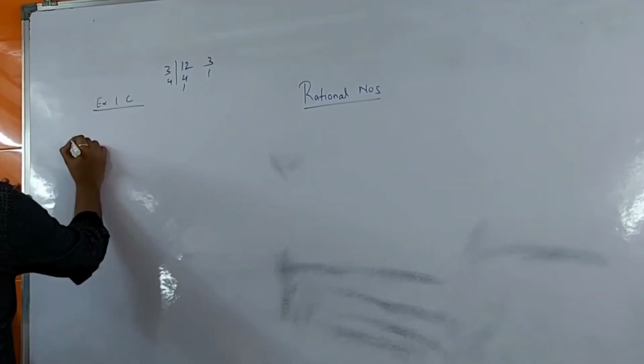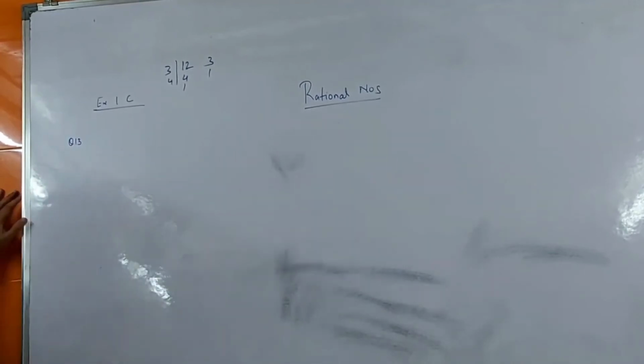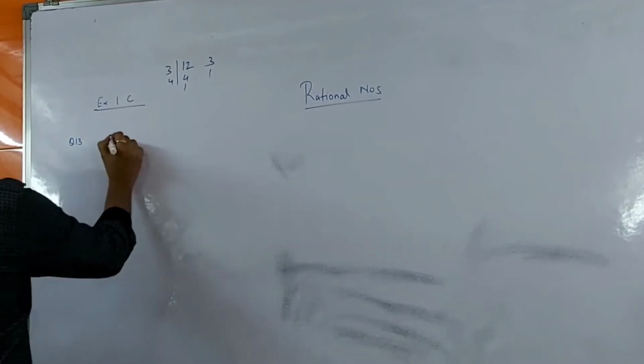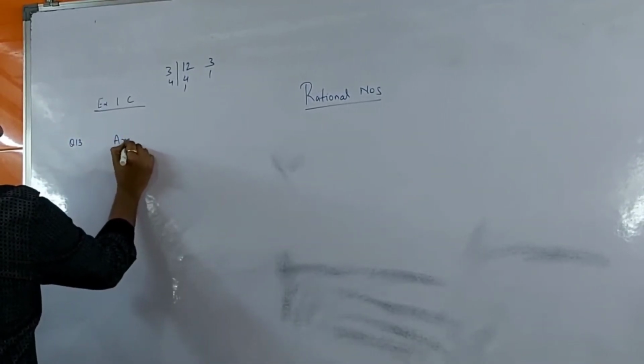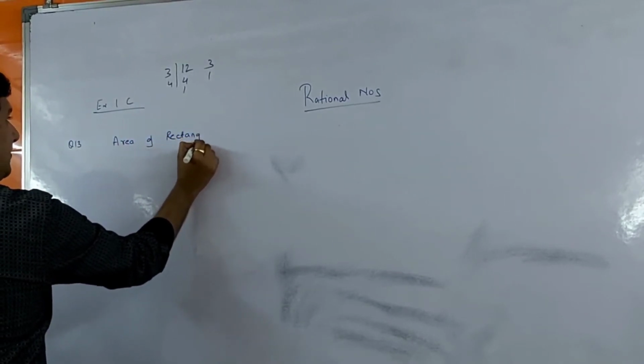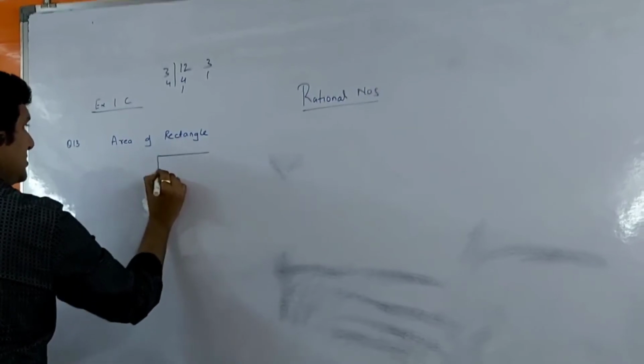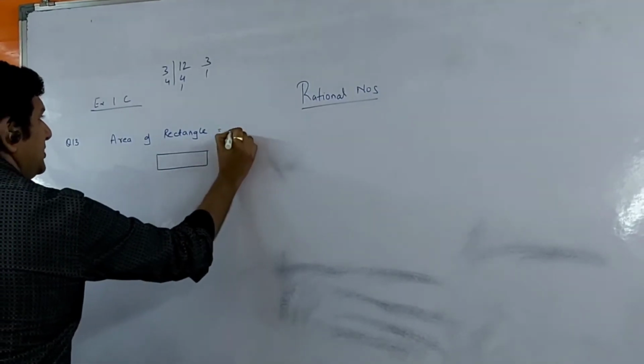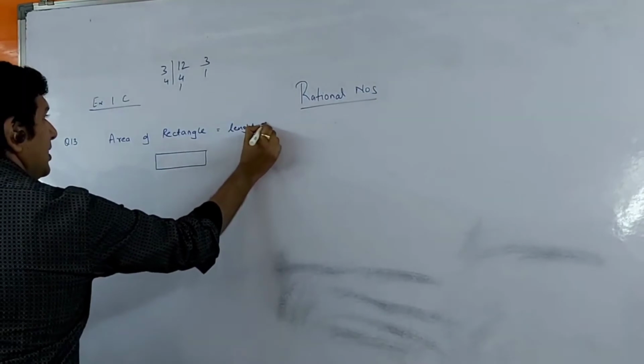Question number 13. They have used areas. Remember one thing, students. Area of a rectangle. A rectangle is something like this. It's nothing but length into breadth.